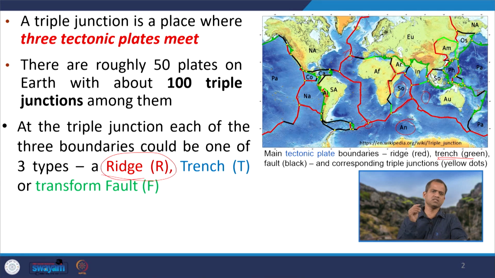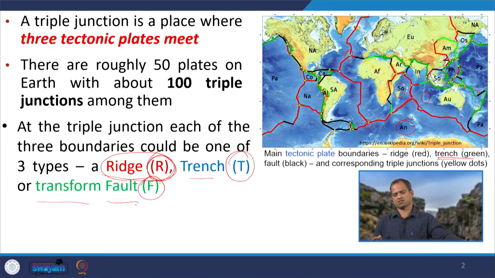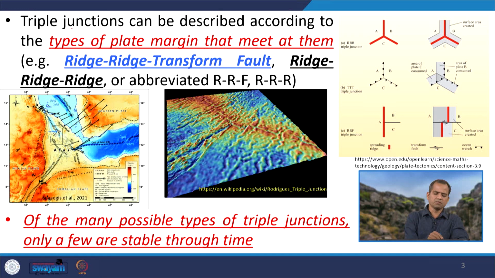For example, R stands for ridge, T stands for trench and F stands for transform fault. In future slides, when we are talking about this RTF, you should know this. Now, you see triple junctions can be described according to the type of plate margin that we have already discussed.